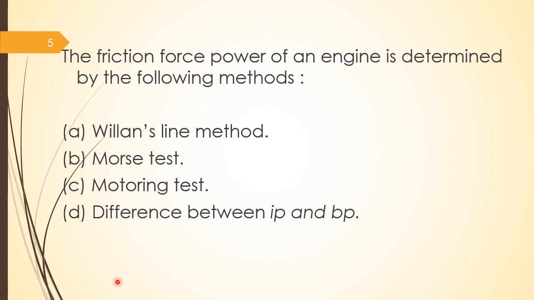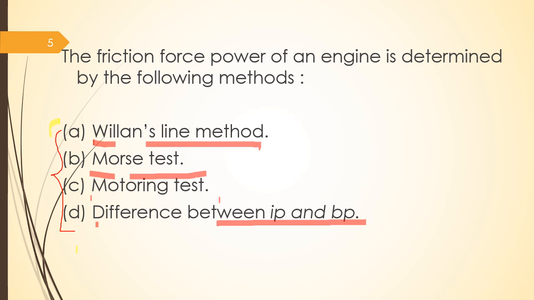So these are the 4 different methods to find out friction power: first is the Williams line method, then the motoring test, the Morse test, and the difference between indicated power and brake power. We will first discuss all 4, and at the end we will conclude which method is suitable under which circumstances. One by one we will discuss all the different methods.